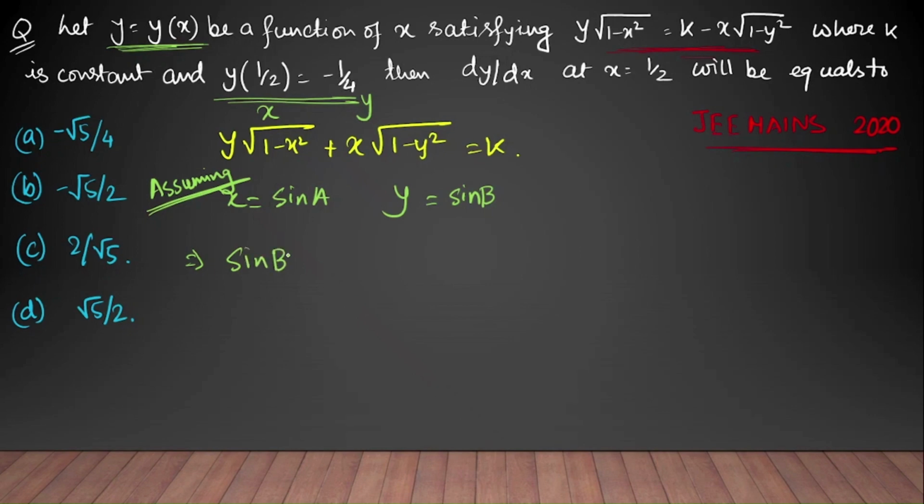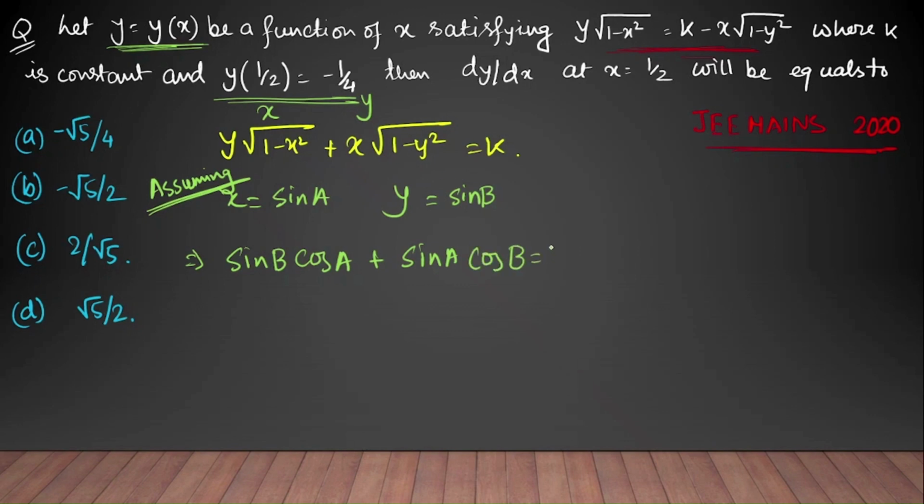Then root under 1 minus x square is root under 1 minus sine square A, that is cos square A, so root under cos square A we can write as cos A. Then x is sine A, and root under 1 minus y square is cos B.